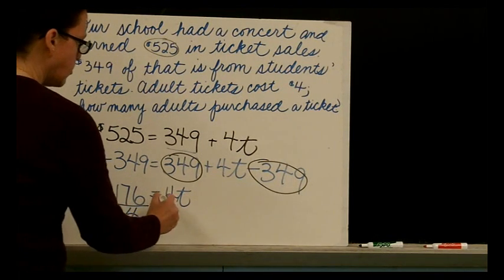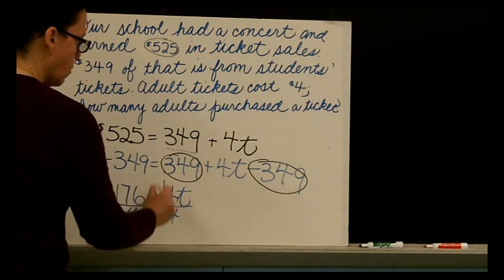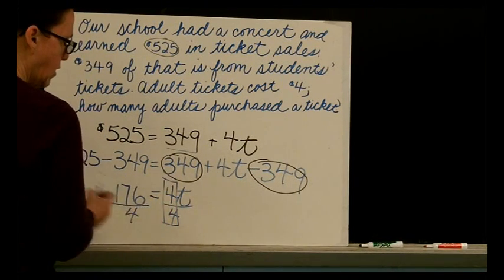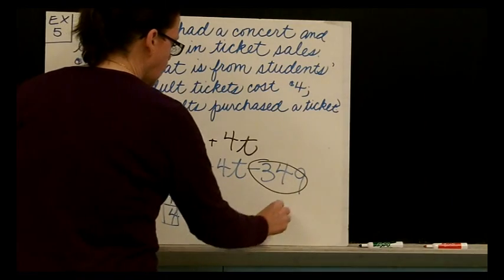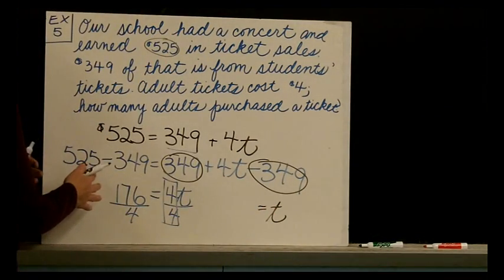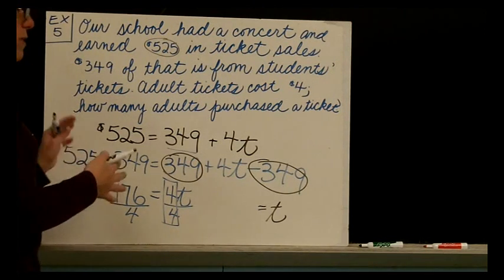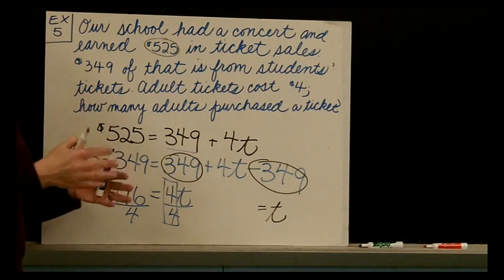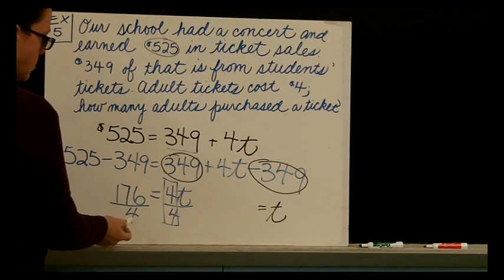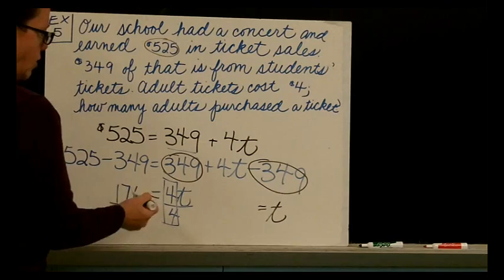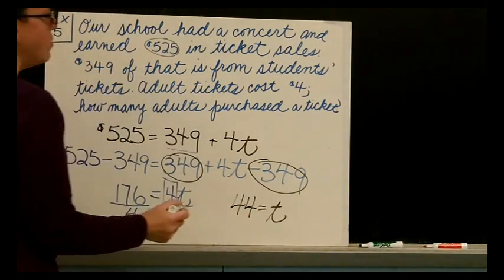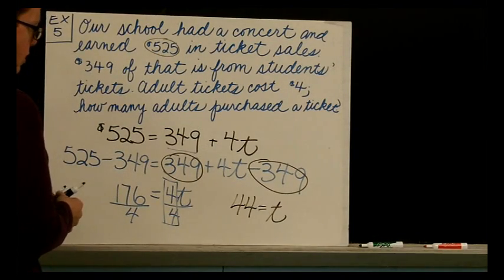We have to divide both sides by 4. When we do, our t has a coefficient of 1, so we find out that t equals, and I ran out of space to do this here, but in your books you will write out the long division of the 176 divided by 4, and you will get 44, which means that 44 adult tickets were purchased.